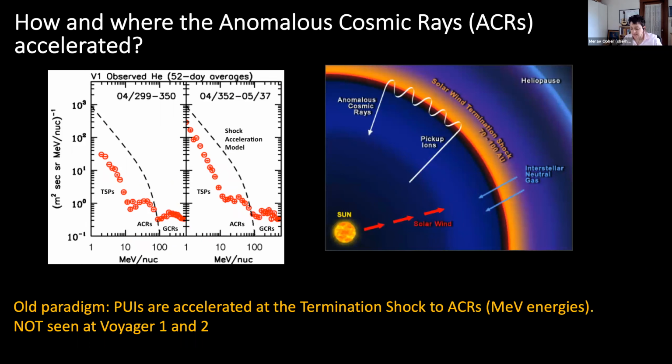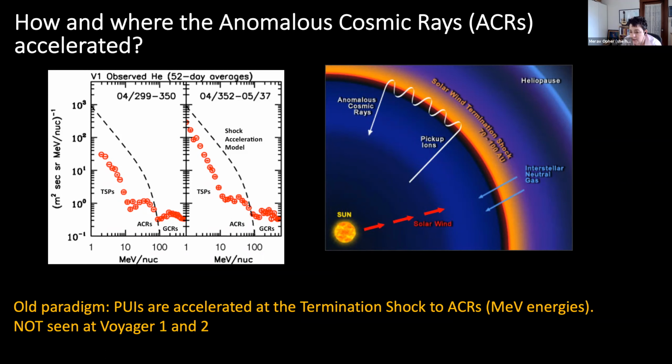Maybe the more exciting puzzle that we have is the crossing of the pickup ions that I mentioned through the termination shock. Why is it important? The termination shock is the largest shock in the heliosphere. So you guys probably learned about shocks near the sun or in interplanetary space.